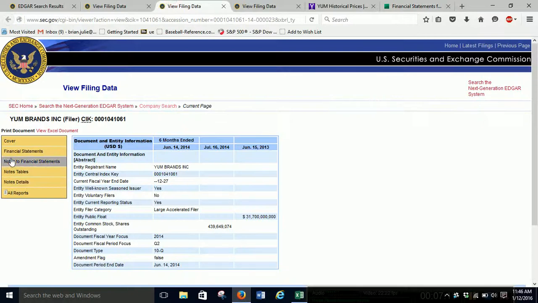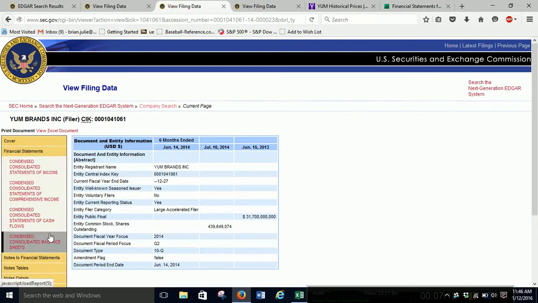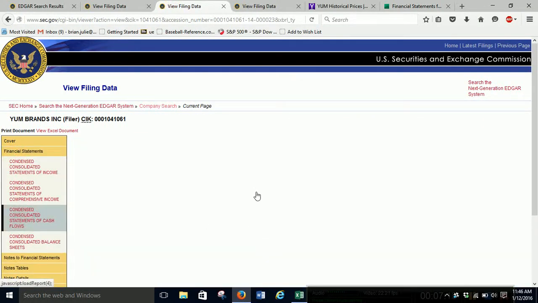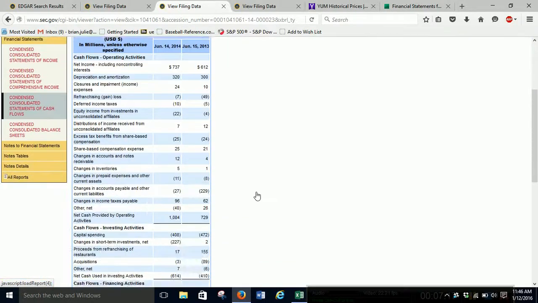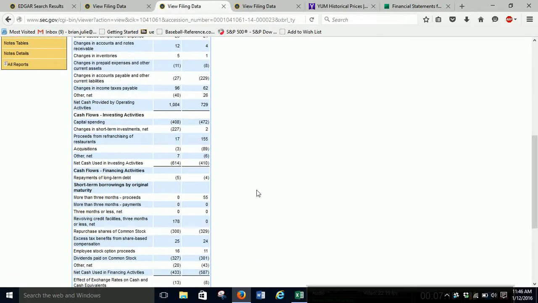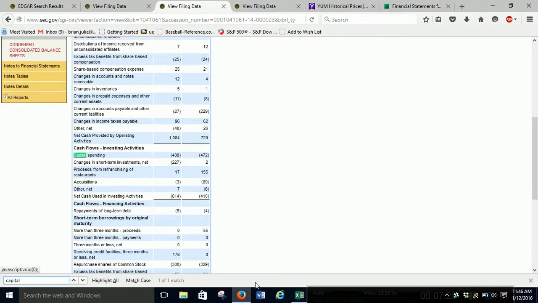So go to quarter 2. Cash flows, and you can always hit Control F and type capital, and there's capital spending. So if you're having trouble reading through these because they're small, just hit Control F and type in what you're looking for.